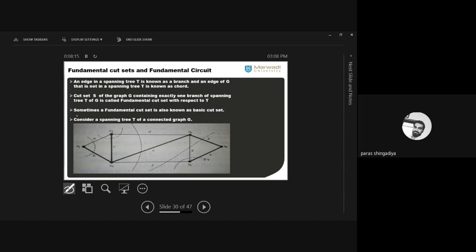Here the edges of the spanning tree are known as branches, and the edges of G which are not in the spanning tree are known as chords.